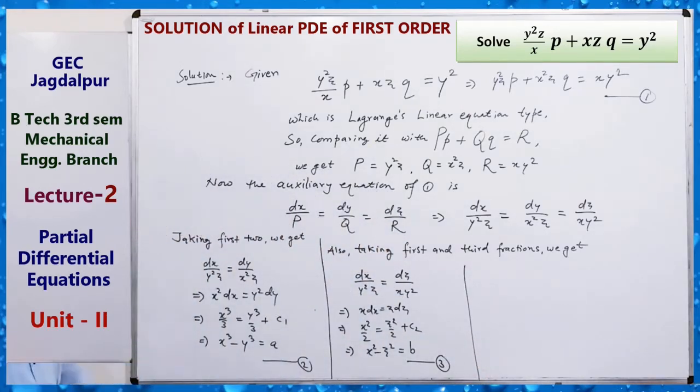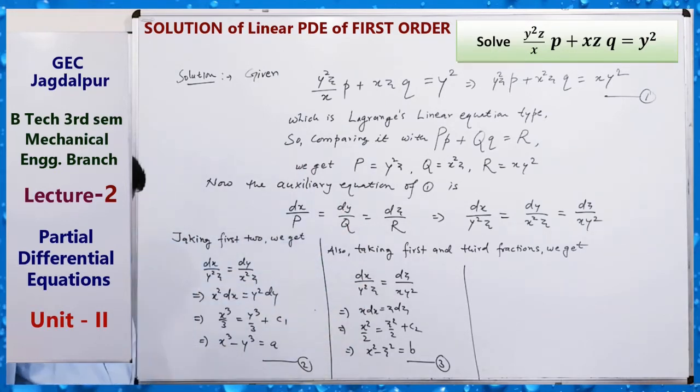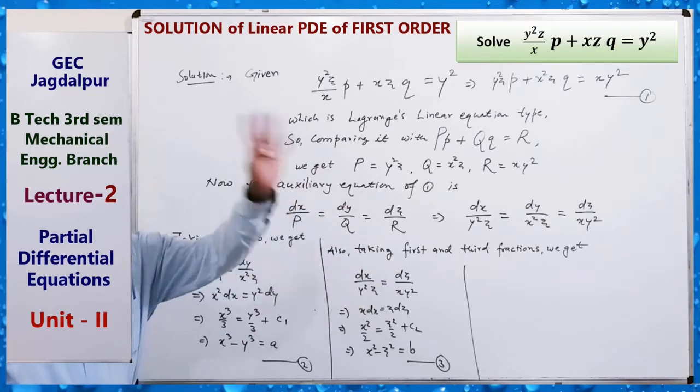Okay, so taking the first two and taking the first and third, we get u equals a, v equals b.